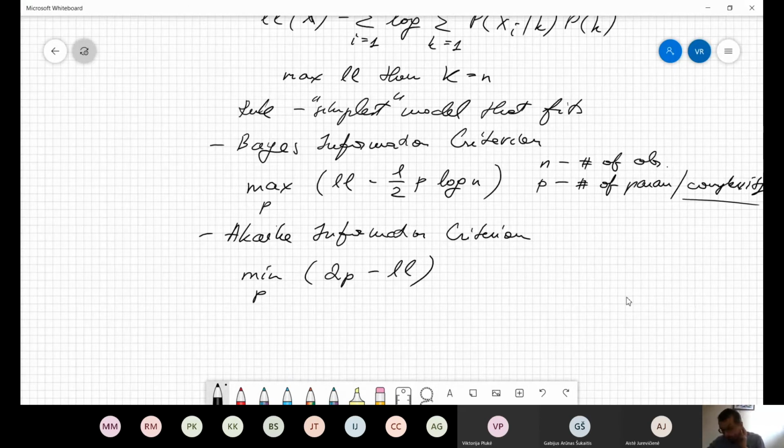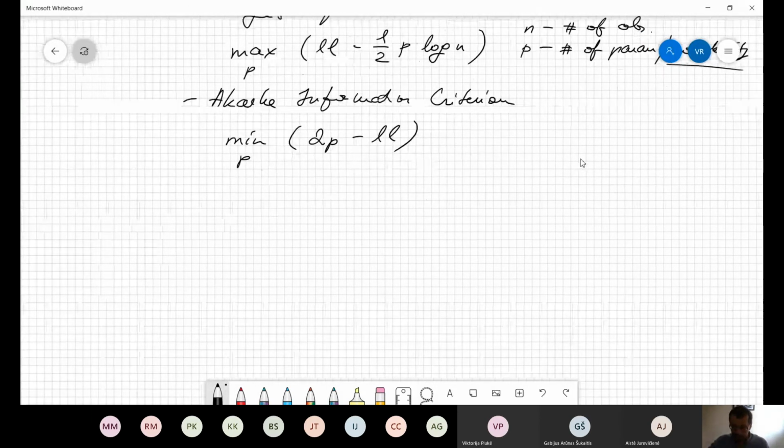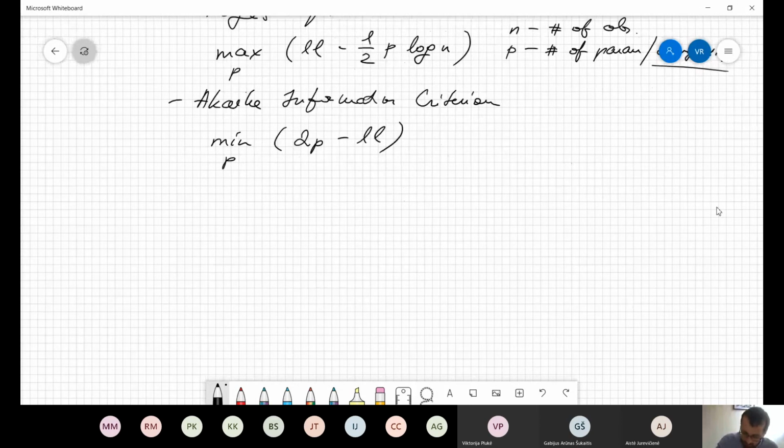Now let's look at some simple examples to see how to calculate the number of parameters. Our model is GMM, the Gaussian mixture model we reviewed.